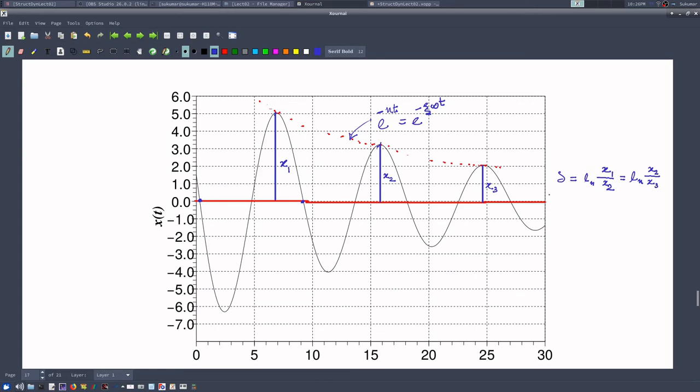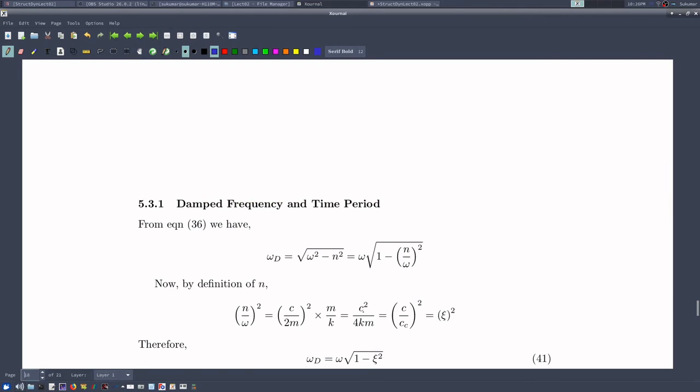So this is how it is defined. Alright, now let us find another expression for natural logarithm of these two ratios, that is the logarithmic decrement.